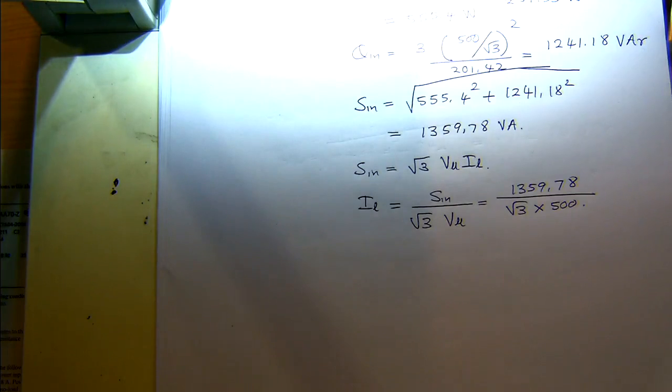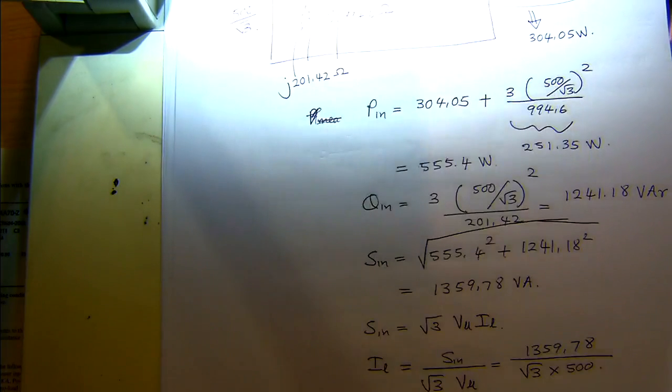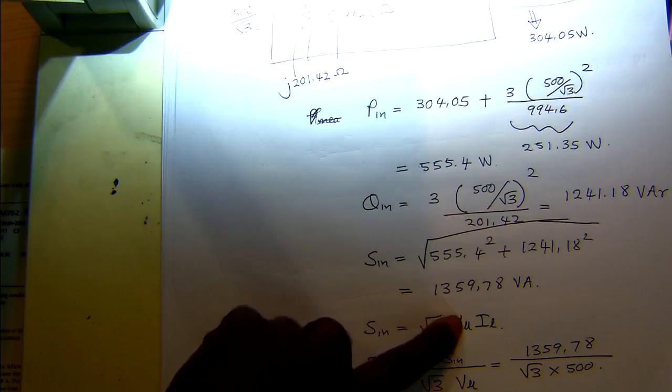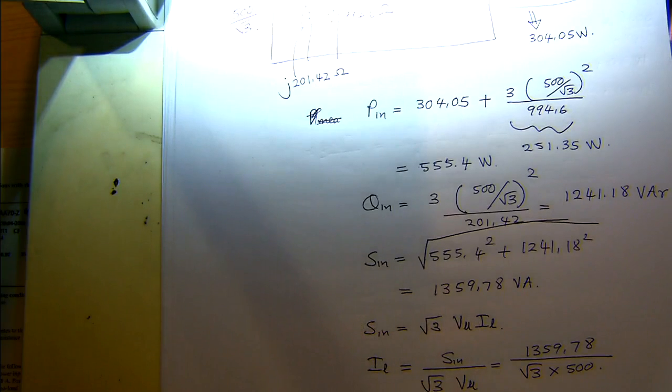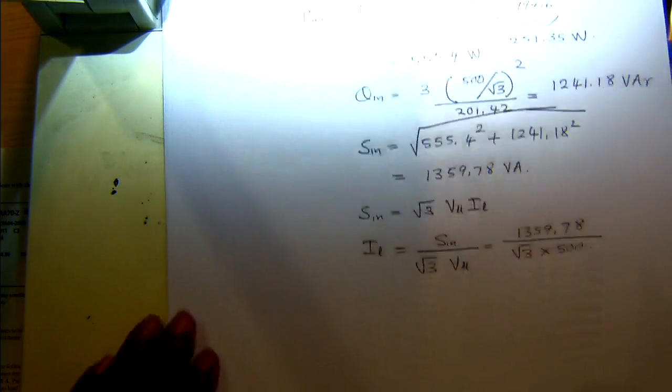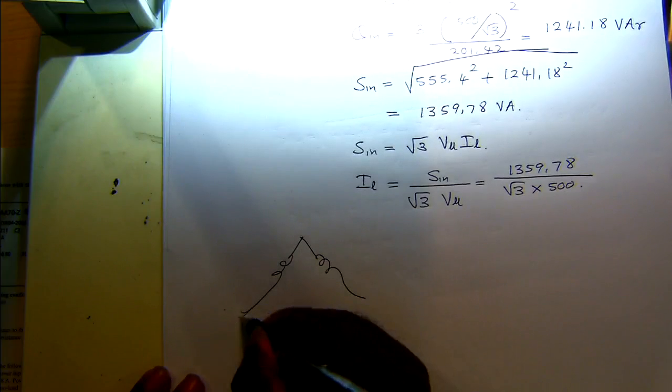How would the answer change if it was delta connected? Yeah, if it was delta connected, then this I will be the branch current, and you'll need 3 times V line to line times the branch current. If you were to connect it in delta, then it'll look something like this.